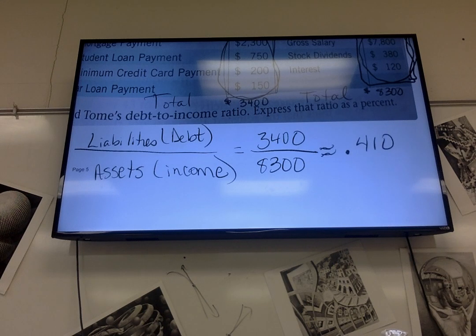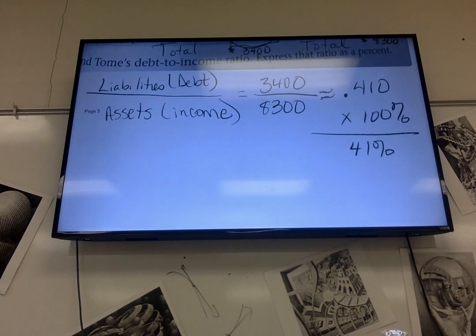Okay, so multiply that by 100%, and we get 41%. So 41% is his debt to income ratio. That is really high. That's bad. What you want, for debt to income ratio, you want less than 15%.